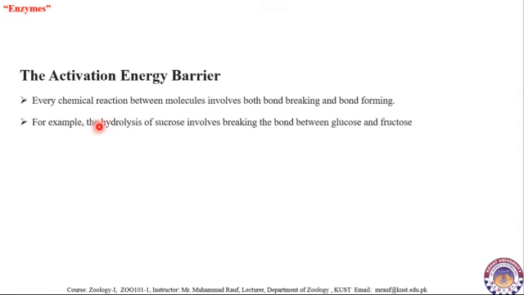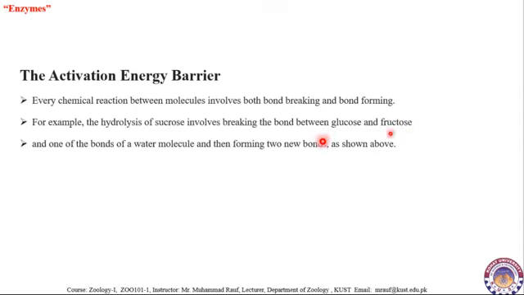For example, the hydrolysis of sucrose involves breaking the bond between glucose and fructose, and one of the bonds of a water molecule, and then forming two new bonds as shown in the figure.